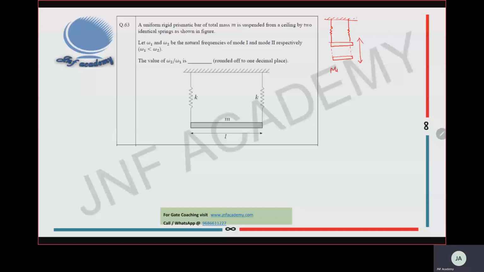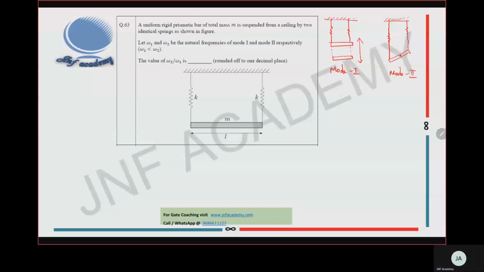This I can consider as mode 1. For mode 2, one side will come down and another side will go up. About the center point, it will oscillate. This we can consider as mode 2.